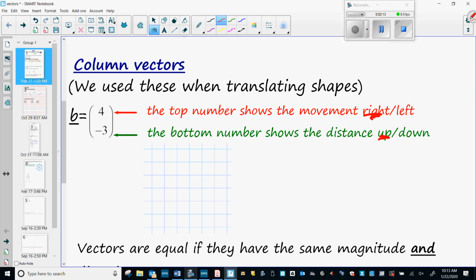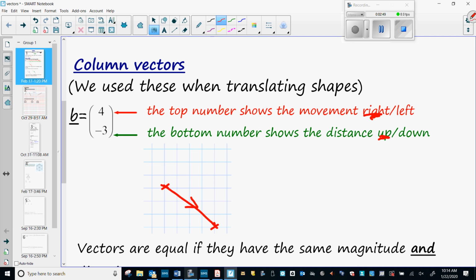So if I wanted to display this vector, I would choose a point. I'm going to choose this point here. From that point, I need to go to the right 4, 1, 2, 3, 4, and down 3, 1, 2, 3. And I've ended up down here. I would show the vector b by drawing a line from my starting point to my finishing point, and I would put an arrow on it.